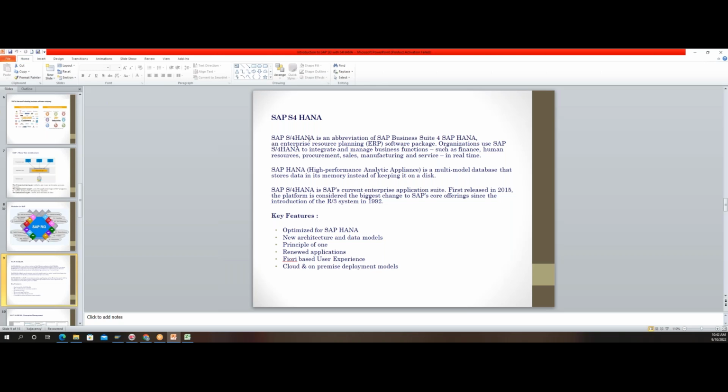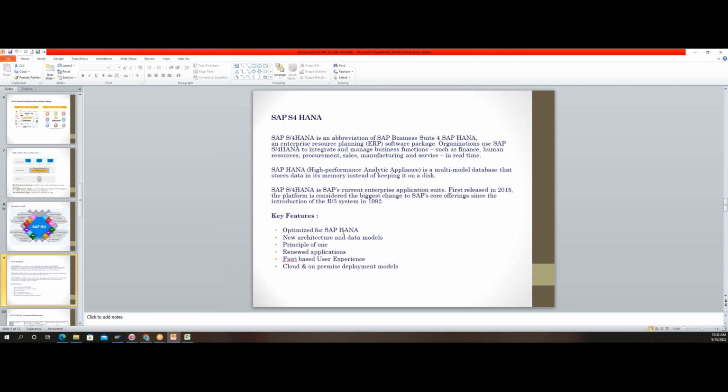But every vehicle has a different comfort level, different features, and different abilities to satisfy the client's needs. Likewise, SAP S4 HANA has more features and abilities to support the client's needs. Now, what are the key features with respect to S4 HANA? S4 HANA is more optimized. It is altogether a new product. That is the first thing.